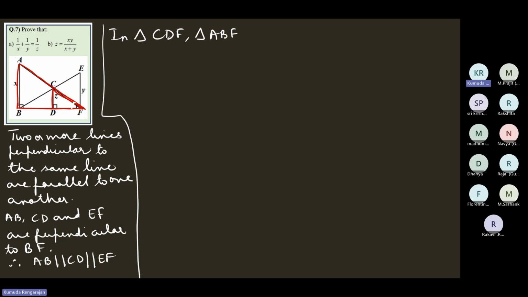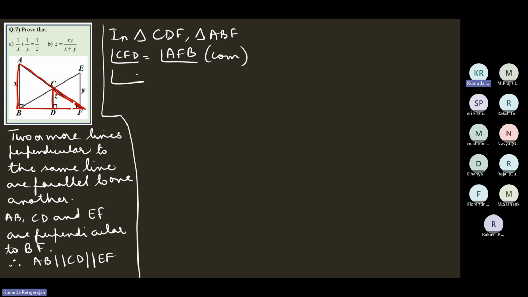So this angle is common. Angle CFD is equal to angle AFB, the angle common to both the triangles.